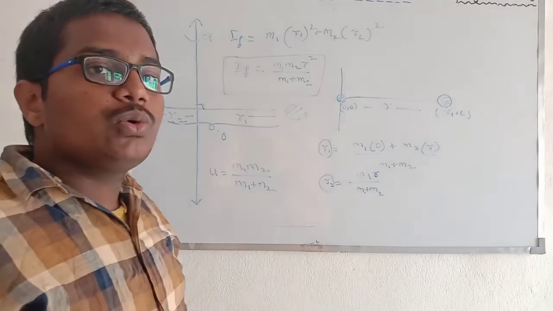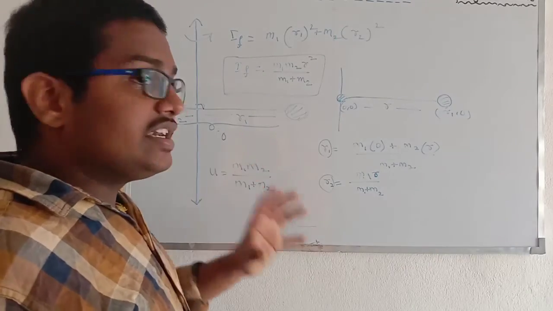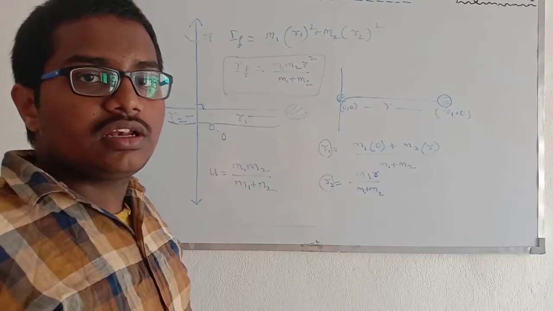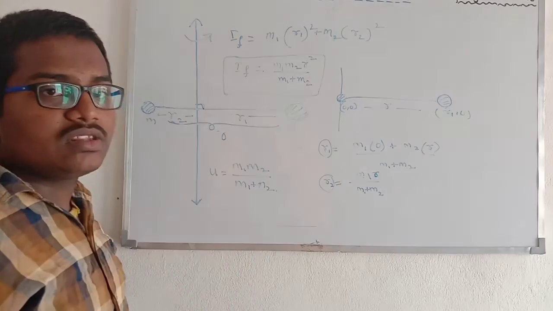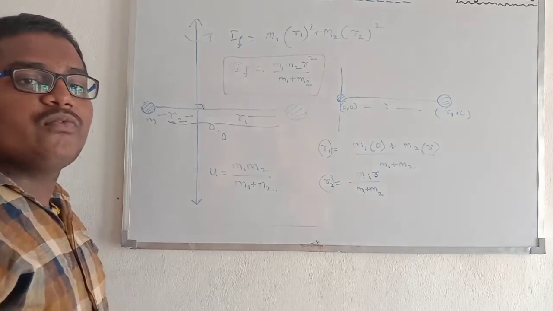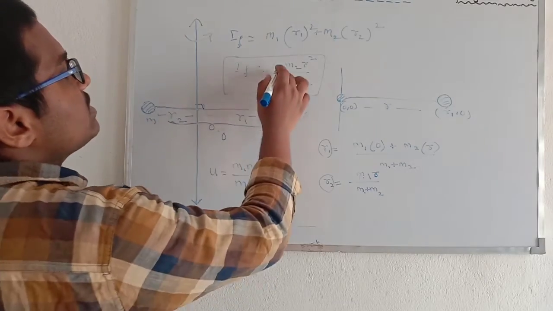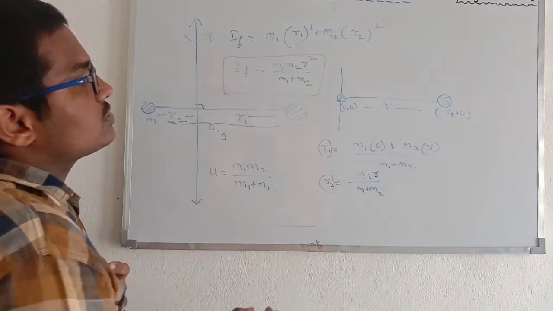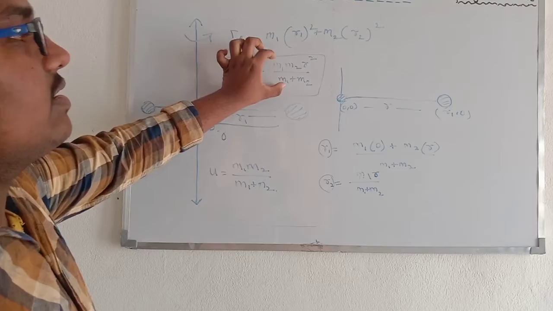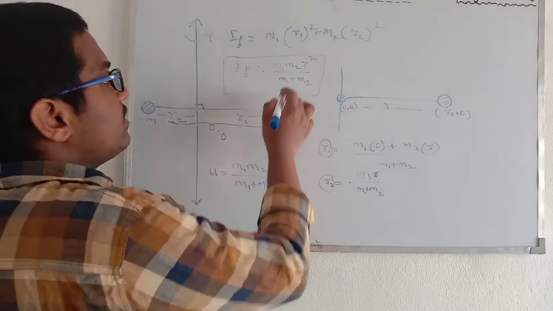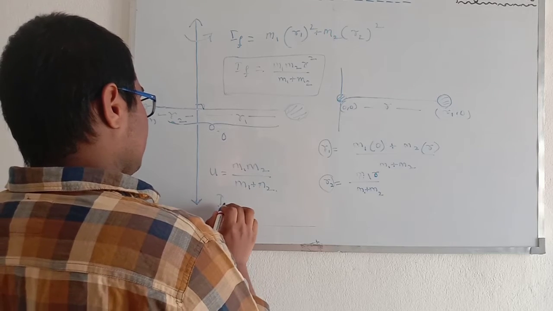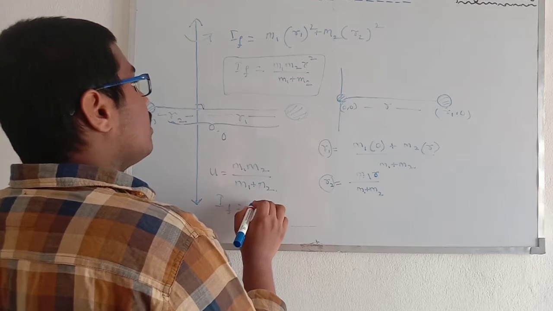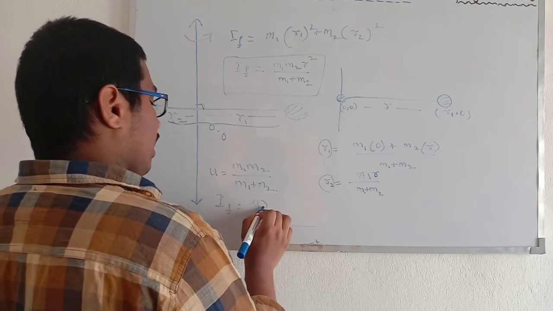So in order to reduce the time consumed by this question, the reduced mass concept is very helpful, because m1 m2 by m1 plus m2 is also present in this particular formula. Then if we substitute the reduced mass value, I final is equal to u into r square.